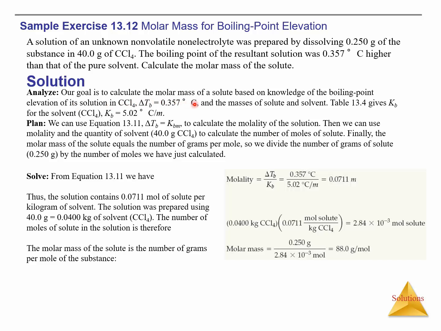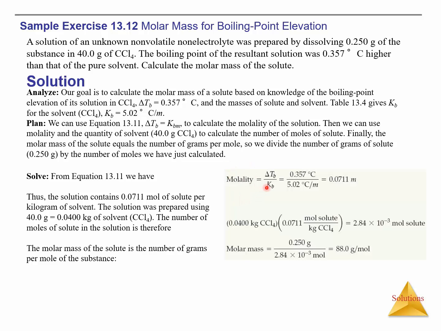So our goal is to calculate the molar mass of a solute based on knowledge of the boiling point elevation of its solution, as delta Tb is given, and the masses of solute and solvent. From the table, we get Kb for CCl4, this value. Now, we can use the equation delta Tb equals Kb times m to calculate the molality of the solution.